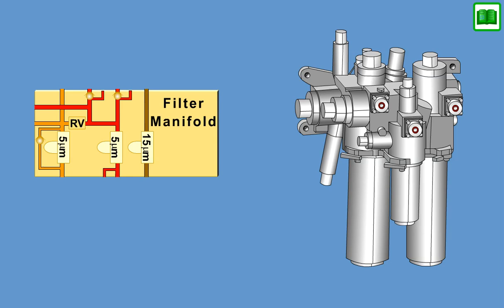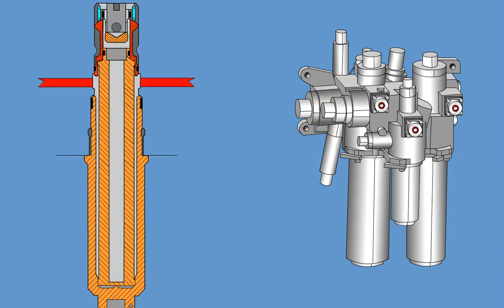The EDP case drain flow is routed through a 15-micron filter. Identical pressure and return filter elements were used to reduce the number of sizes of filter elements required to maintain the aircraft. The filter manifold assembly contains an automatic shutoff device for each filter location, to prevent fluid drainage when the filter element is removed.